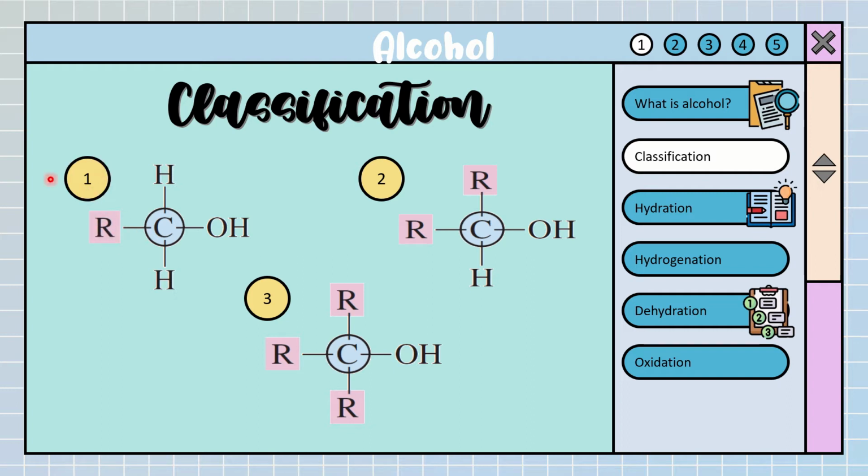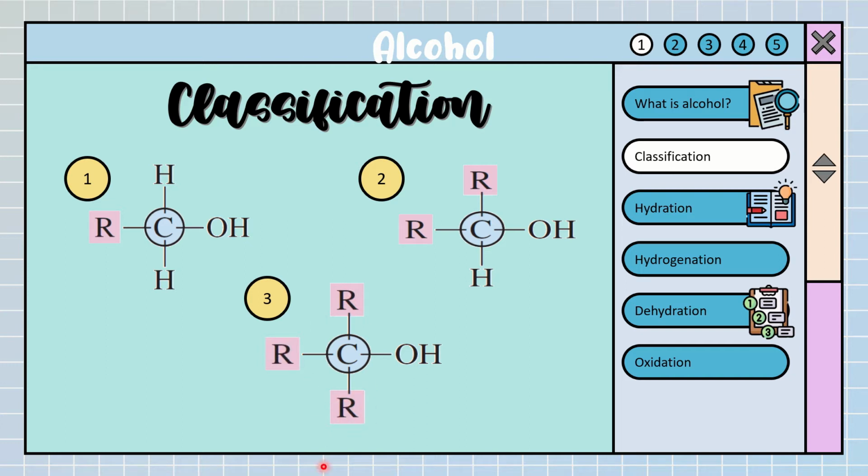Therefore, we consider that one as a primary. So, one carbon only, one primary. Next, if our OH carbon has two R groups bonded, we consider that one as secondary. Two R groups, secondary. And then, if it's tertiary, obviously, that is three R groups.